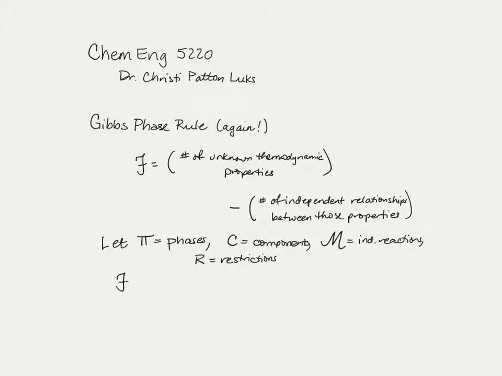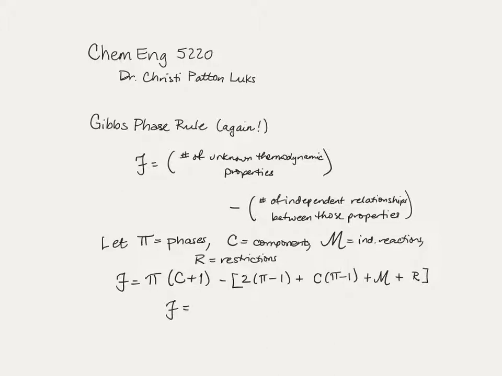So, my number of unknown properties is going to be based on the number of phases times the number of components plus 1. And the number of equations is going to be twice as many as the number of phases minus 1, 2 for each of those, plus the number of components in each phase minus 1, plus the number of chemical reactions, plus any other restrictions.